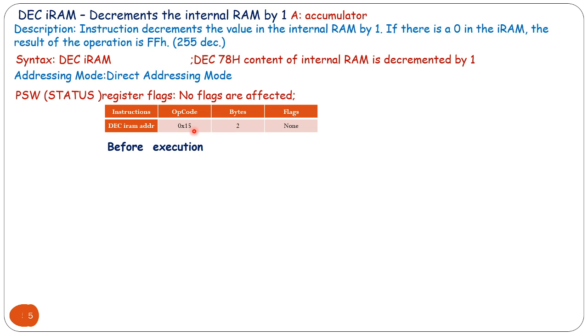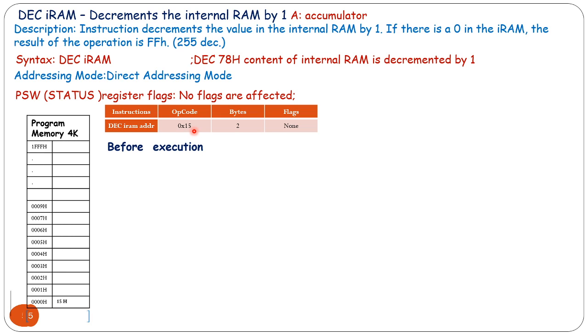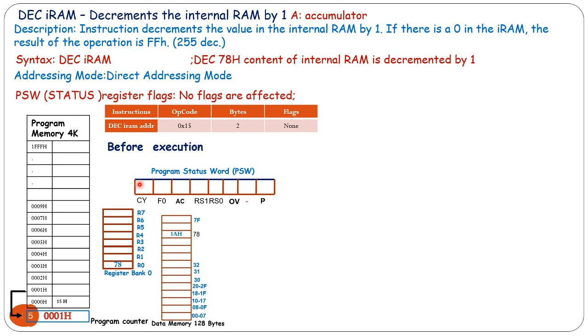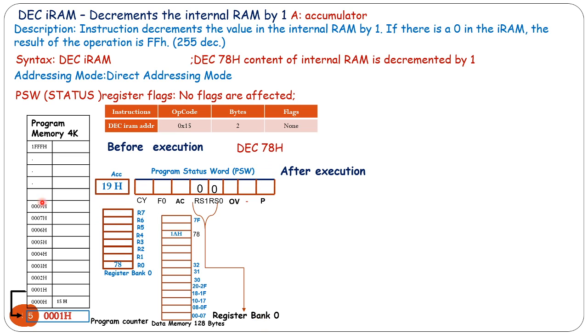It is a 2 byte instruction. Before execution, the instructions will be like this. The program counter will be having 0001H. So before execution, this PSW is 00, that is RS0 and RS1 register bank 0 will be there, and this will be the instruction decrement 78H.